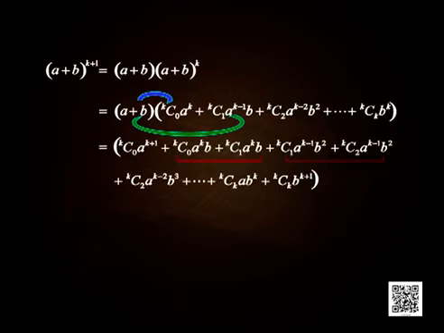Similarly, when (a plus b) gets multiplied with the second term, first a gets multiplied and therefore the power of a increases, that is, I will have kC1 a to the power k times b plus kC1 a to the power k minus 1 times b square. Now, the power of b has increased, and so on.